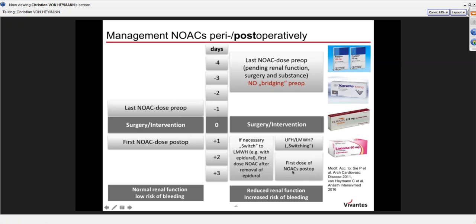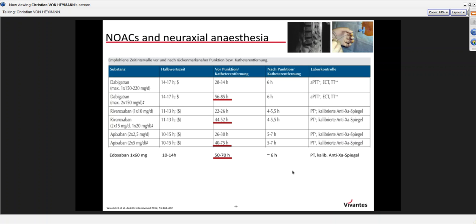And this is just one slide for those colleagues amongst you who are anesthesiologists. This is from a German guideline highlighting the period of cessation before epidural puncture or before you remove the catheter.